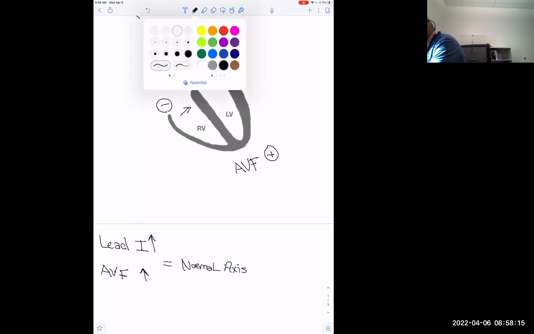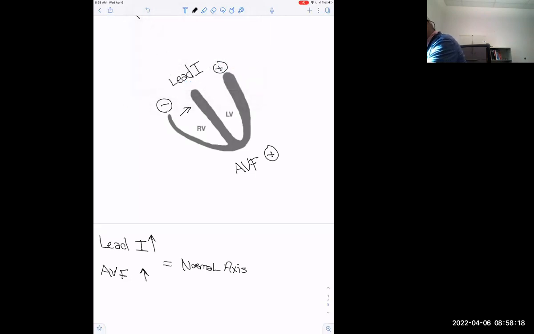However, it's good for you to remember that these forces don't exactly travel in a straight line. These forces actually travel in a swooped kind of way, downward and to the left and back behind the heart. But for the sake of simplicity, we're going to keep it that left axis deviation means that we have an impulse traveling in this direction.